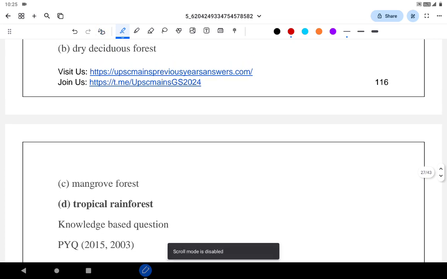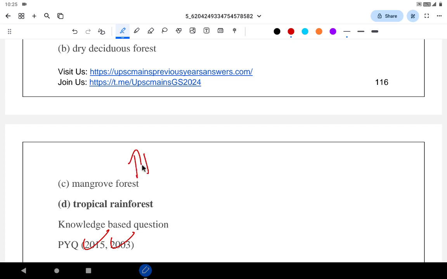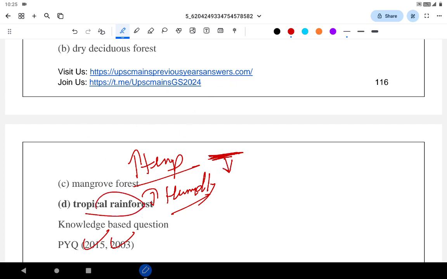This question was asked previously in 2015 and 2003 as well. Mainly because in the tropical zone, because of high temperature and high humidity, they decompose faster. Only the upper layer of tropical rainforest area is rich in nutrients. Below that, they are not rich in nutrients. So the given description is of tropical rainforest. It's an easy question.